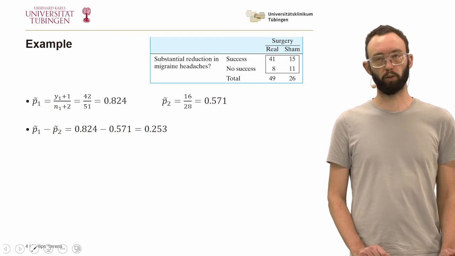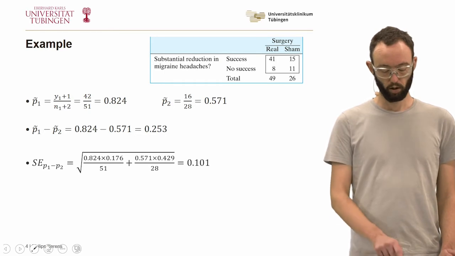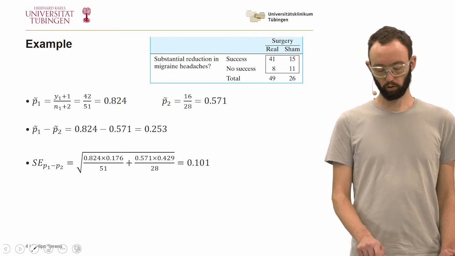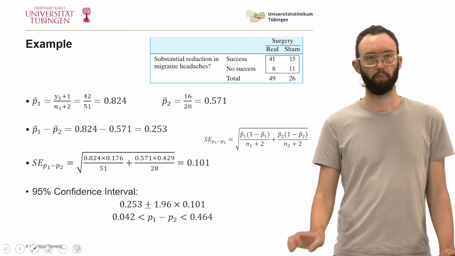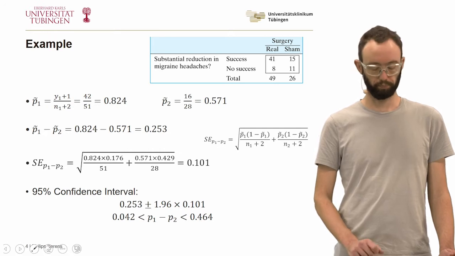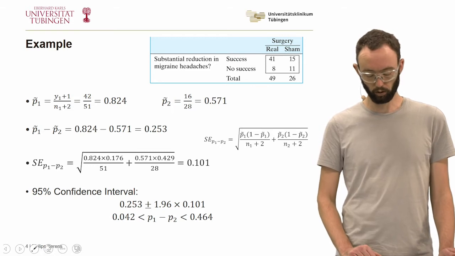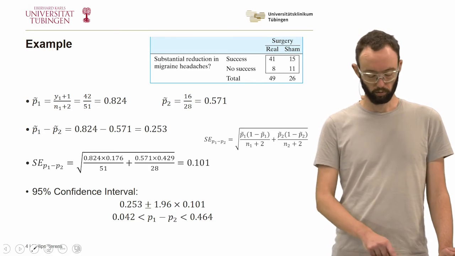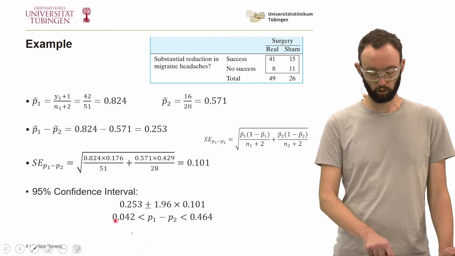To provide a confidence interval on this difference, we first compute the standard error of the difference, which is simply the pooled standard error of the two individual samples, which in this case is 0.101. So we can specify a 95% confidence interval as 0.253 plus minus 1.96 times 0.101, and the resulting confidence interval is what you can read down here.